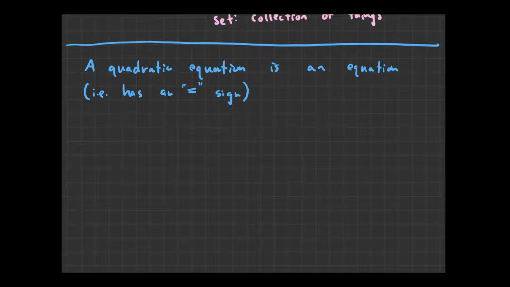Close, yeah. A term could be something without an equal sign. Also starts with an E. Expression, yeah. So a quadratic equation is an equation that has a quadratic expression.